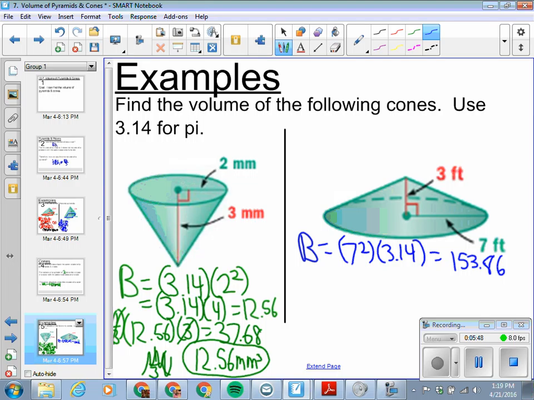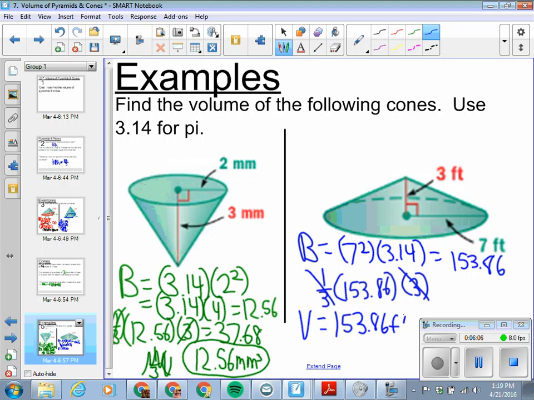So then we have that. Well, we just need 1/3 times that base area times the height, which is 3. And again, our 1/3 and our 3 cancel out. So our overall volume is 153.86 cubic feet.